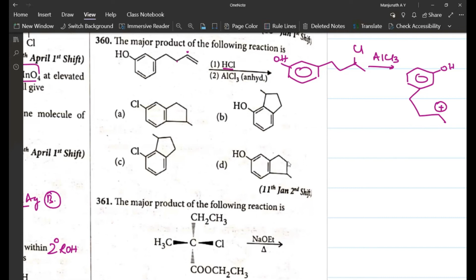This will undergo electrophilic substitution. There is a double bond here, no? I will draw the double bond for benzene. This ring will cause a problem. So here it is. This double bond will attack this carbocation and result in one fused compound like this, OH.